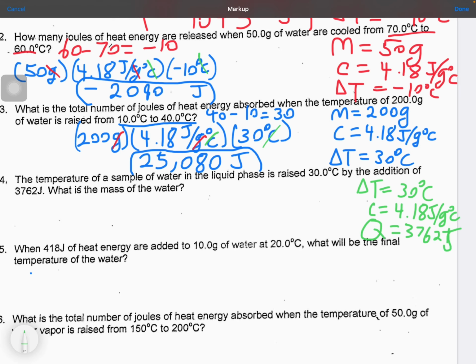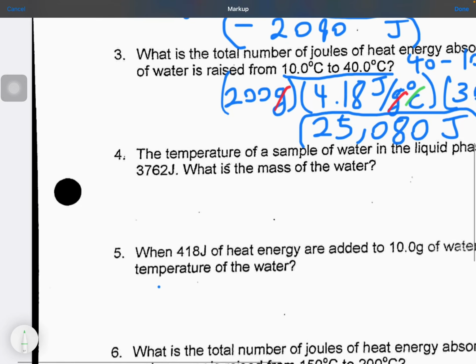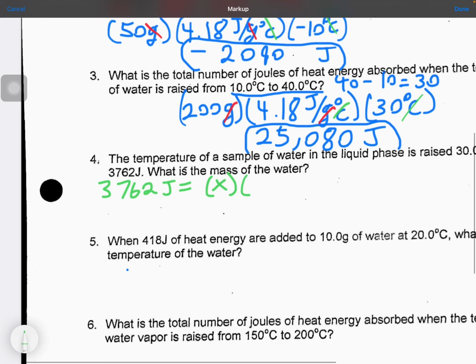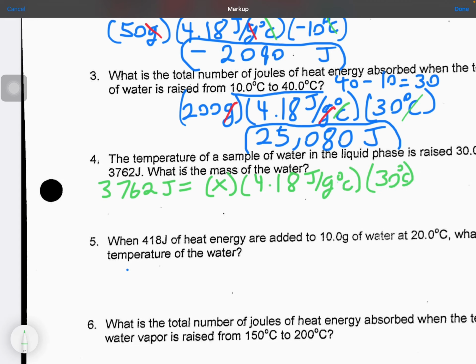So let's plug everything in. So that is 3,762 joules is equal to X times 4.18 joules per gram degree Celsius times 30 degrees Celsius.